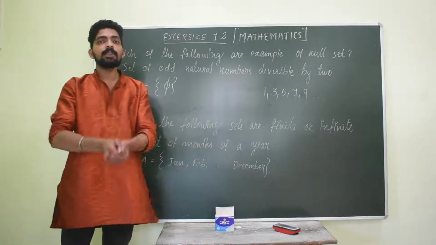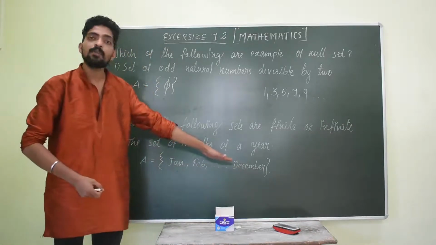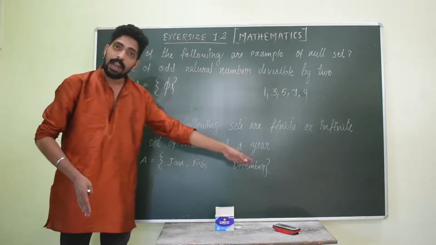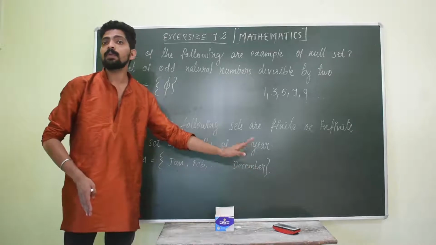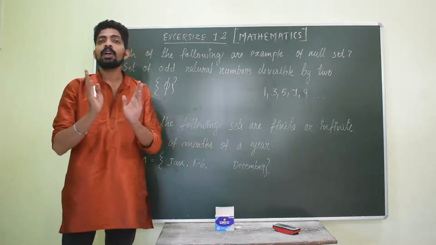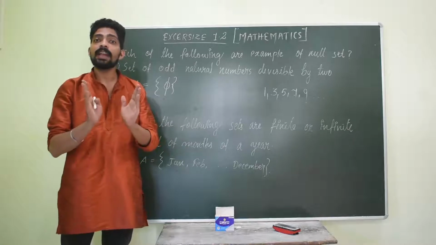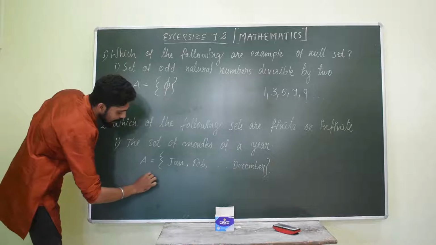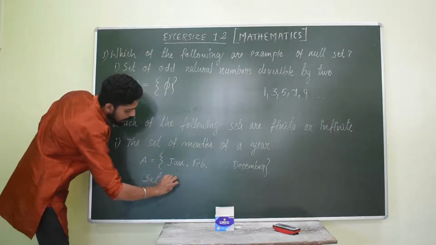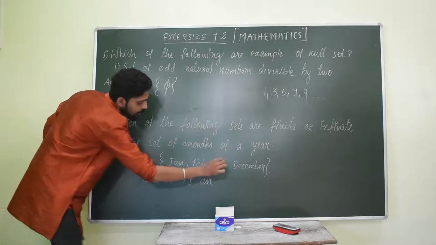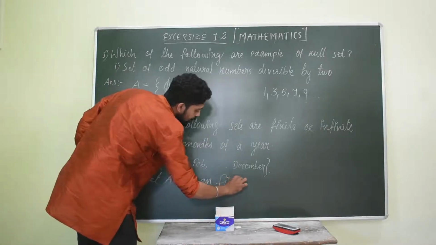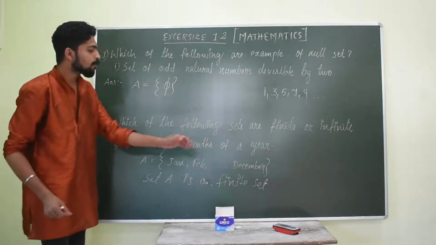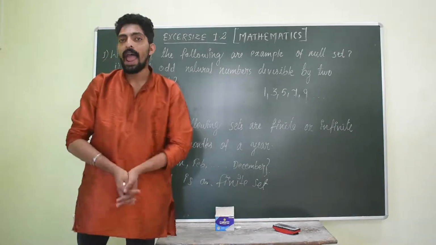You can observe this set is finishing there, with a starting element and an ending element. So we can say this set is a finite set. This set is not infinite. For the answer, we can write down: set A is a finite set. This is the answer.